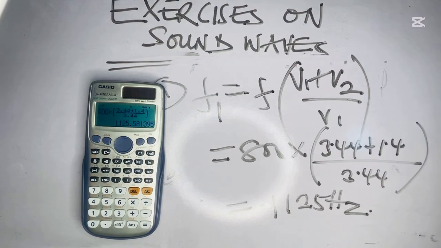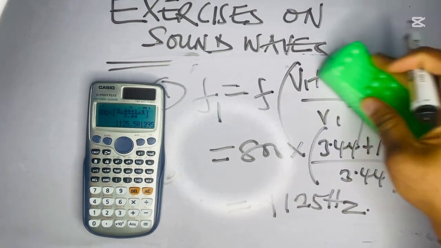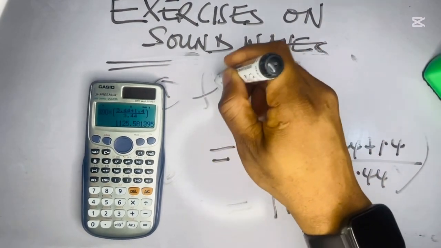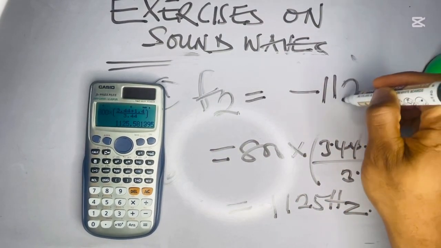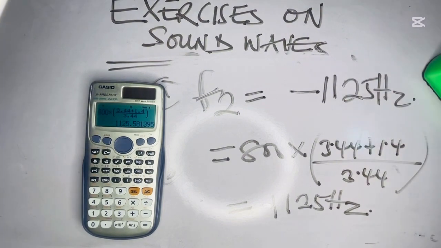So F2, the frequency away from the siren, will be minus 1125 hertz. That is one way of solving that question. It's expedient for us to understand the different ways of applying formulas in sound waves.